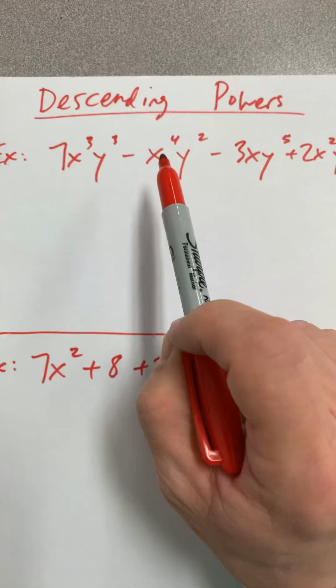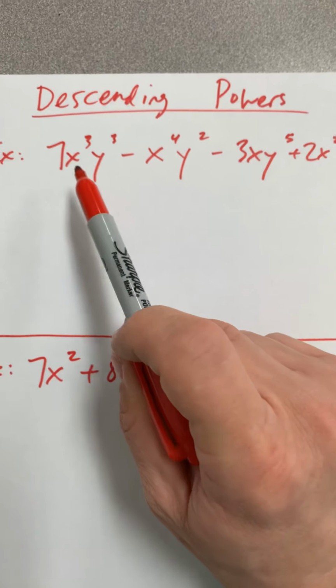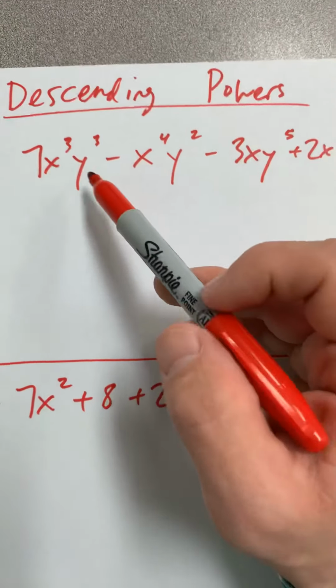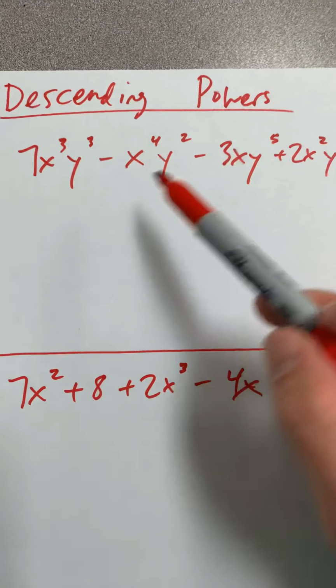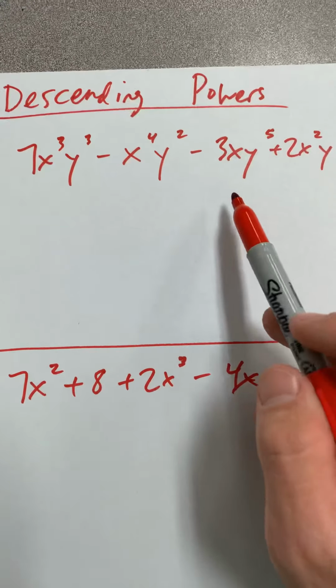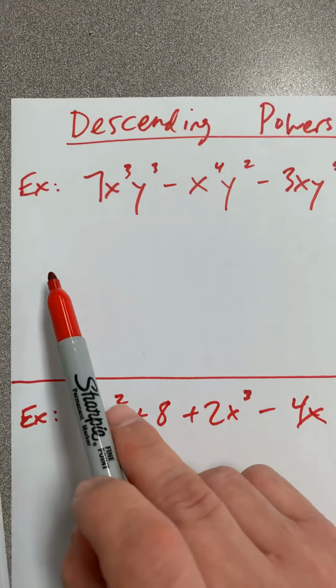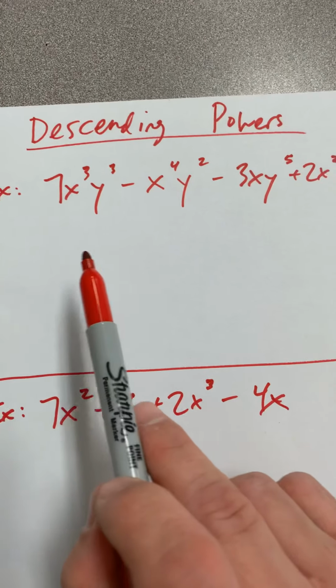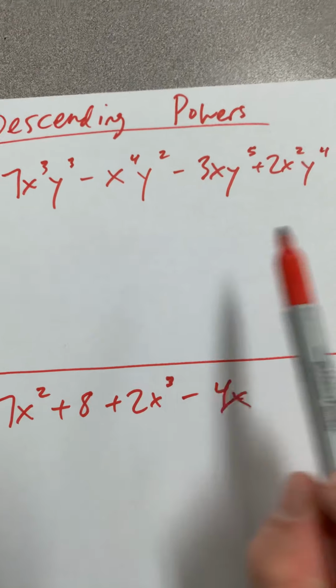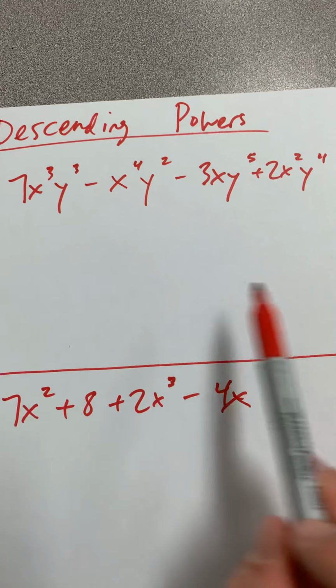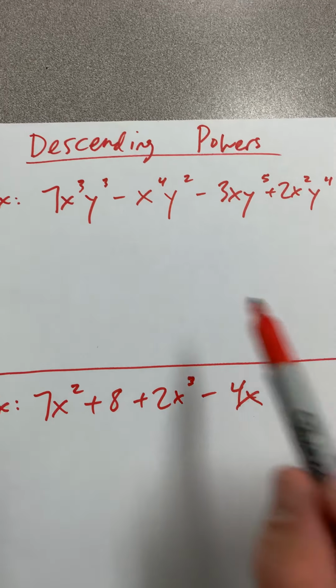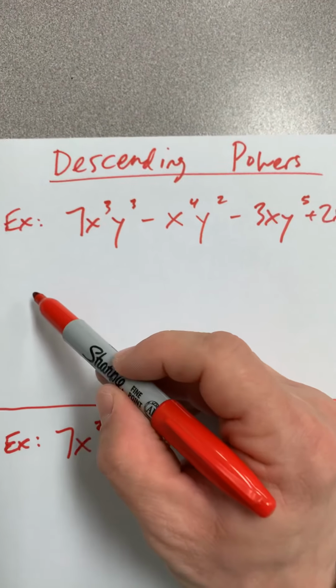So x obviously comes before y in the alphabet, so that's the variable that we're going to concern ourselves with here. And we want to rearrange this polynomial so that you have your highest power of x on the left, and then the next highest power, and the next highest power as you work your way down.